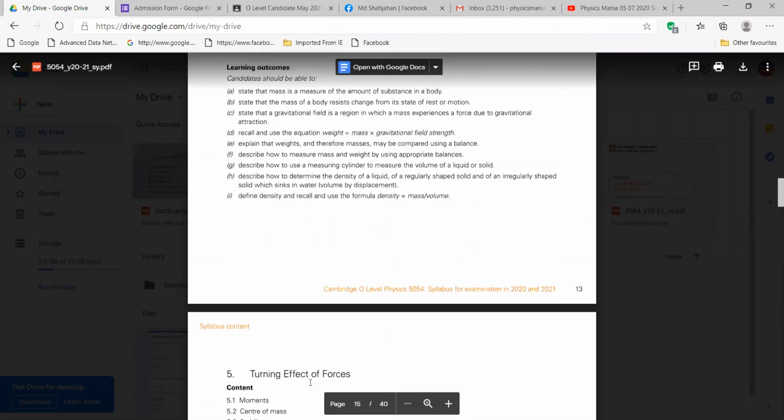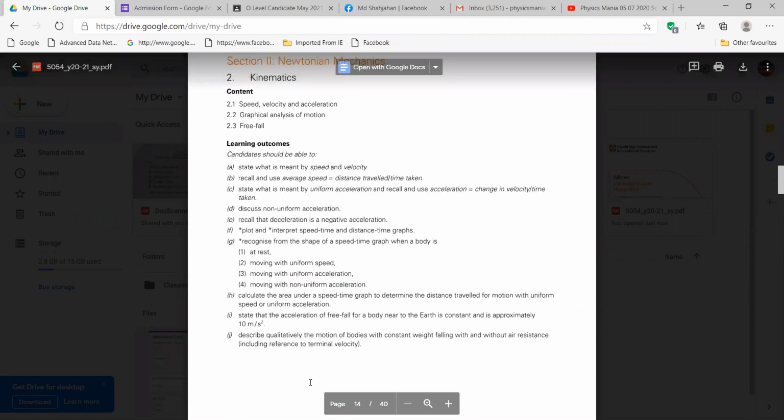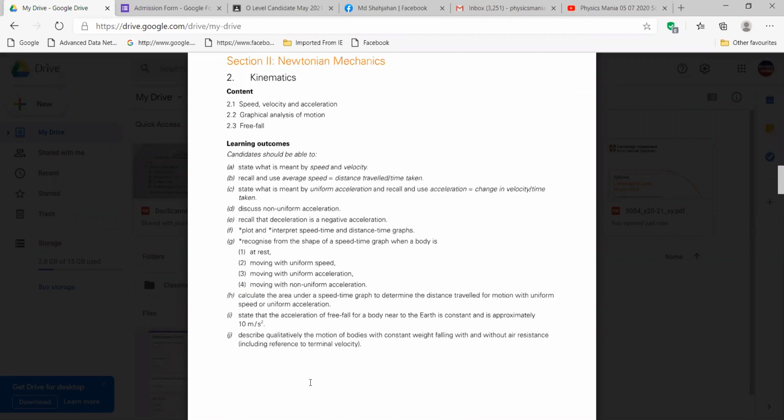Okay, now let's have some idea about kinematics. We will not go for details today. We will just have a look at this topic, what the learning outcomes are and what the contents of these 2 topics are. Kinematics is related to motion. You can see it's speed, velocity, acceleration, right?